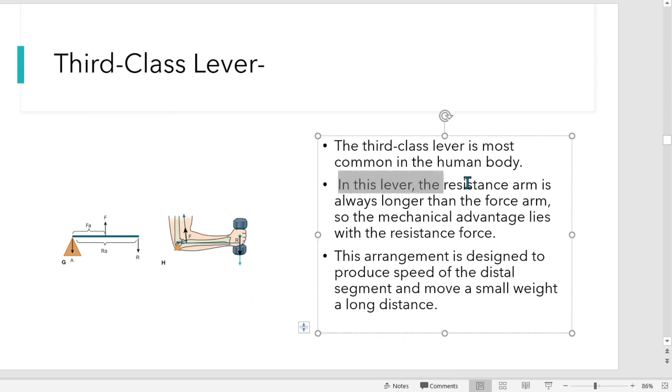So in this lever, the resistance arm is always longer than the force arm. So the mechanical advantage lies on the resistance force, because there's a longer lever arm. So if you are going to multiply it with the force, the magnitude of that resistance becomes what?